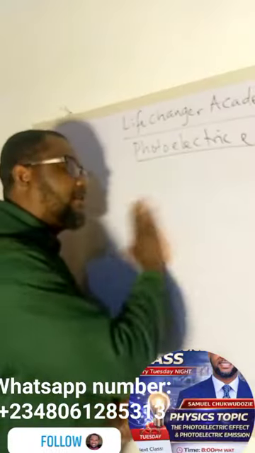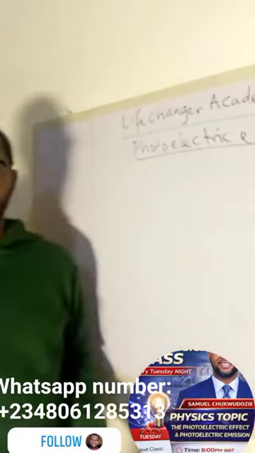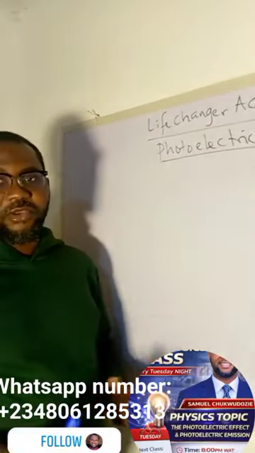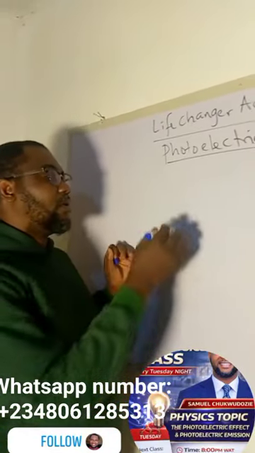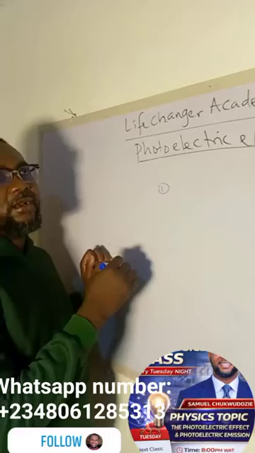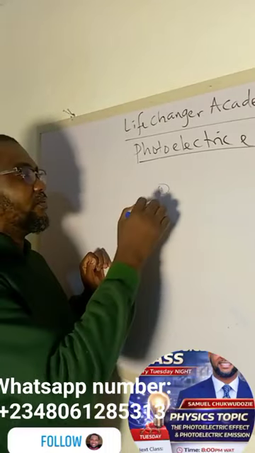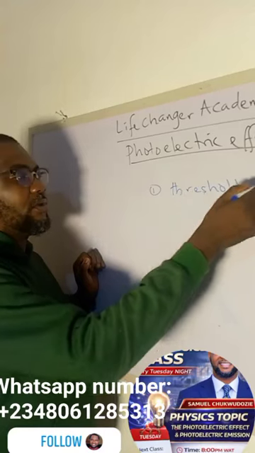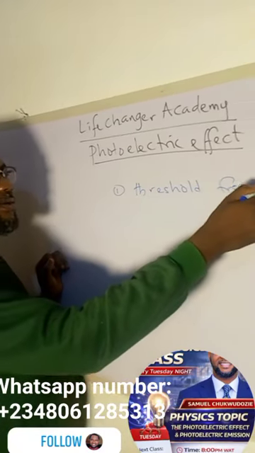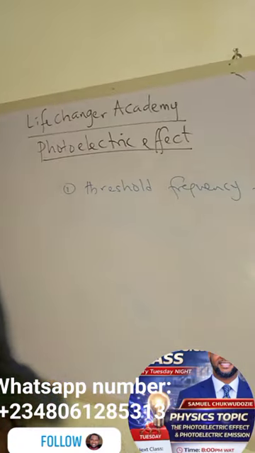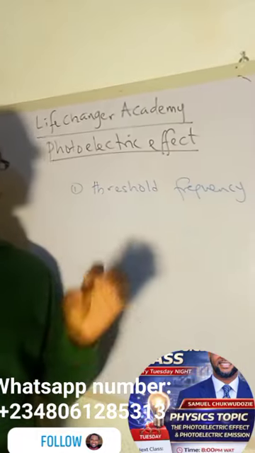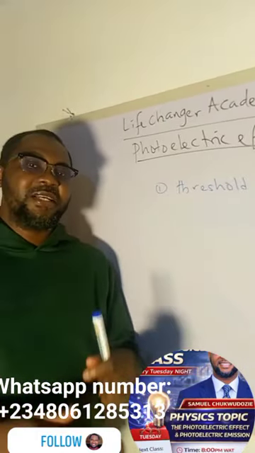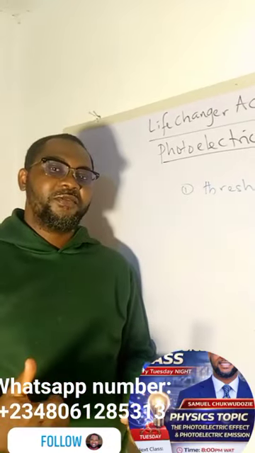Now there are certain conditions for the photoelectric effect to occur. Number one is what we call the threshold frequency. This threshold frequency is the minimum frequency that a light must have before it can eject electrons from the surface of a metal.